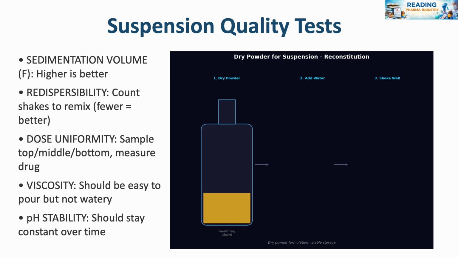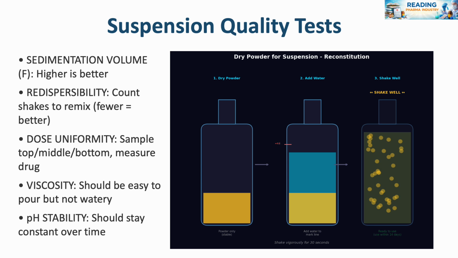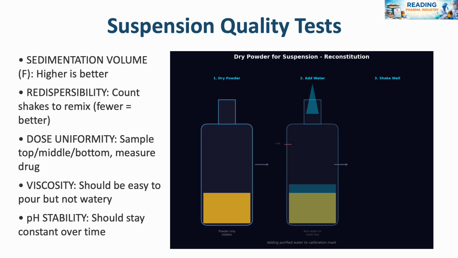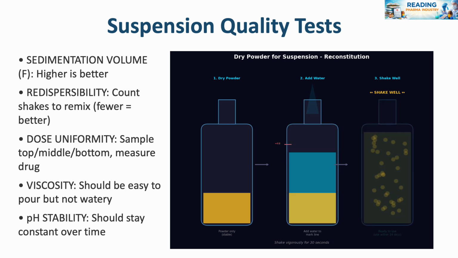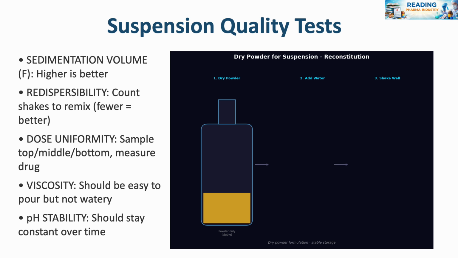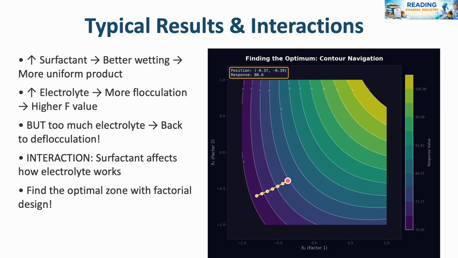The fourth one is the viscosity, because that will affect uniformity and how easy it is to pour the suspension. You don't want it to be very watery, very thin. Finally, it needs to be stable. The pH should remain the same, because you don't want to have shifts in the pH.